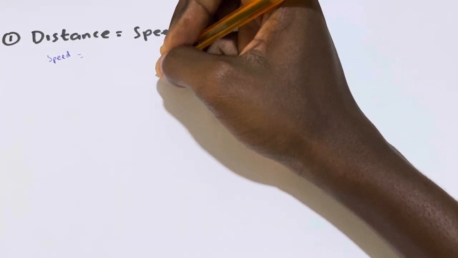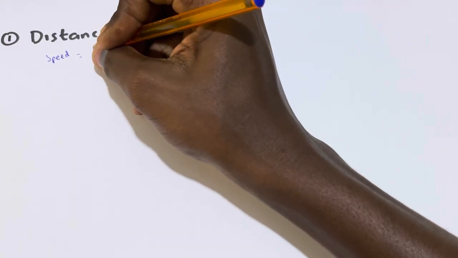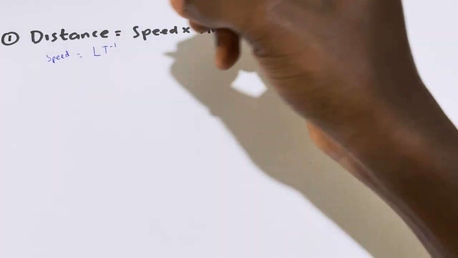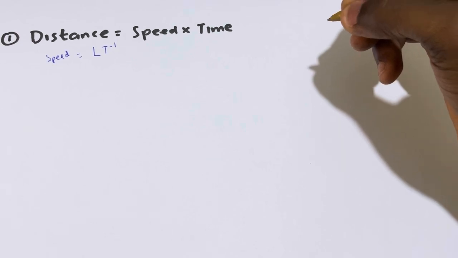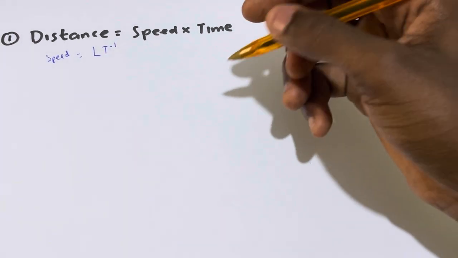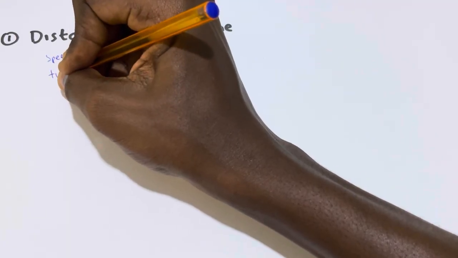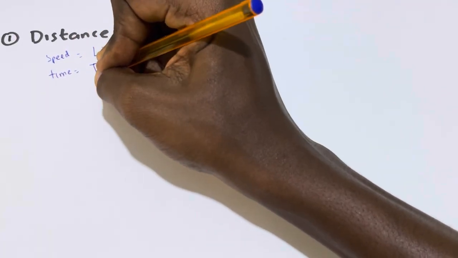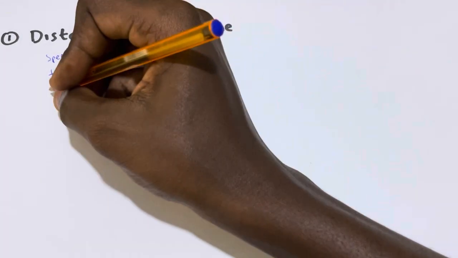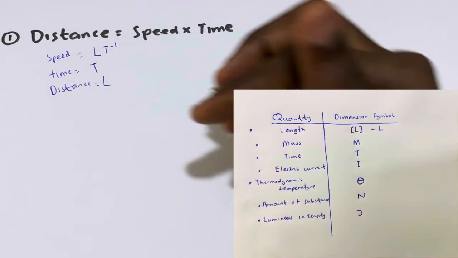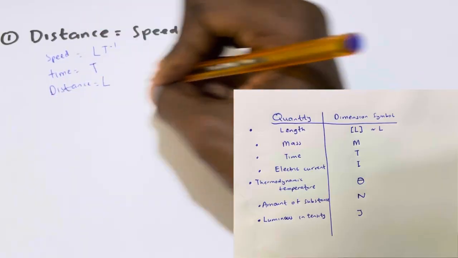Are you getting it? So then it has a dimension of L T^-1 from indices. Negative 1 on top means that it's 1 over that quantity, so it's L over T. And time here, we have time to be equal to T. So to check whether this equation is correct, we equate them.